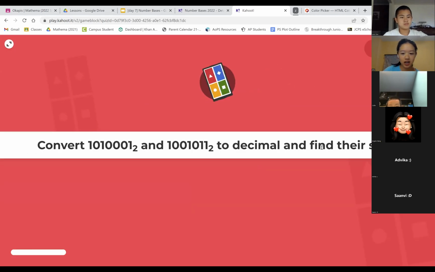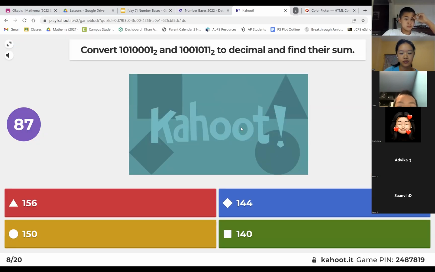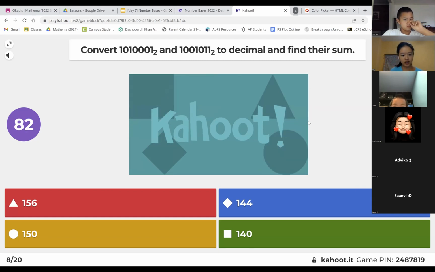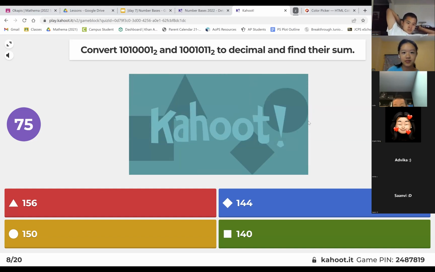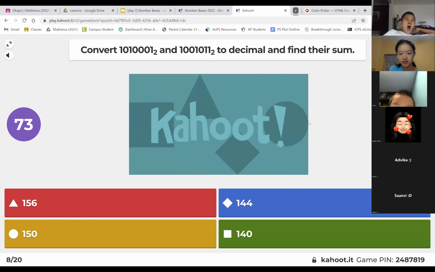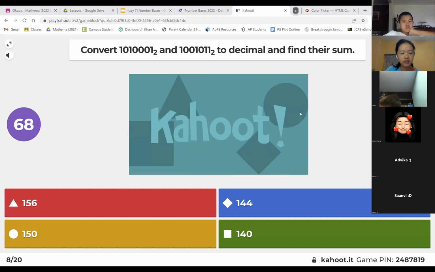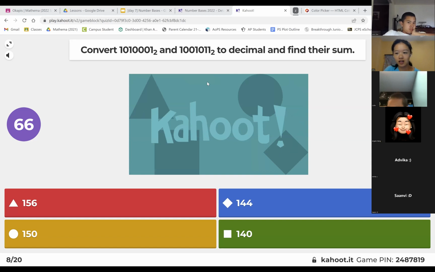Okay, convert these to decimal and find their sum. Actually, okay, we may need to skip a few questions soon because we are only on question 8. I can't skip this one because several people have already answered.